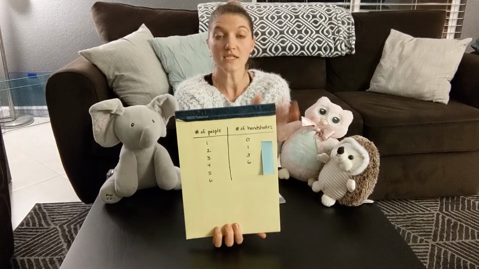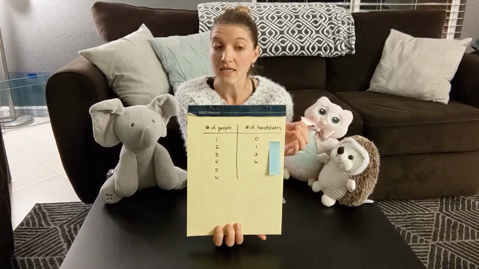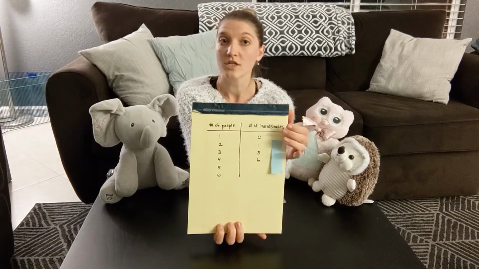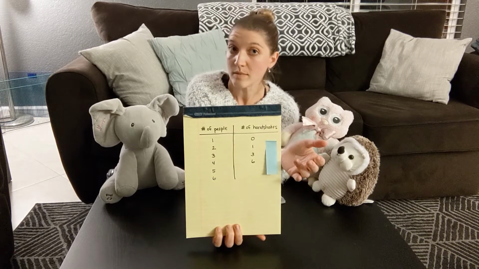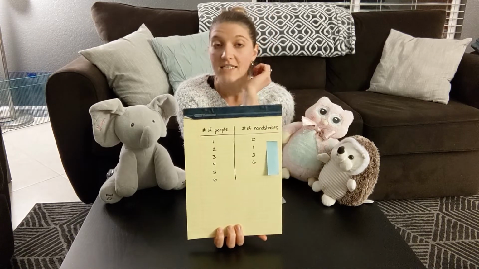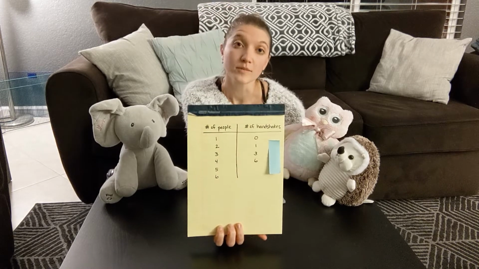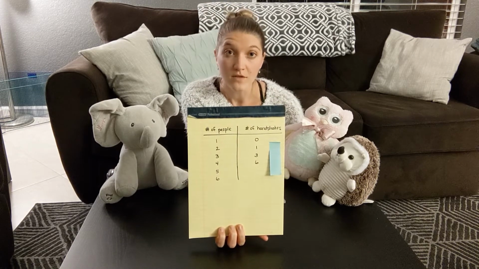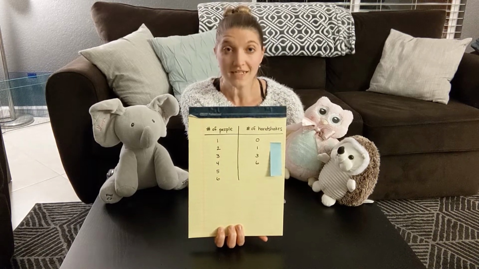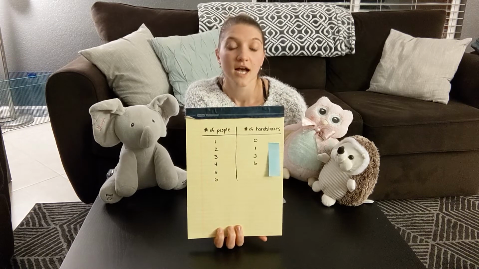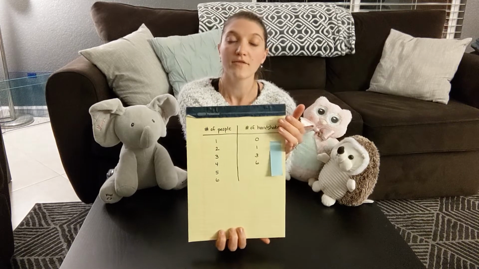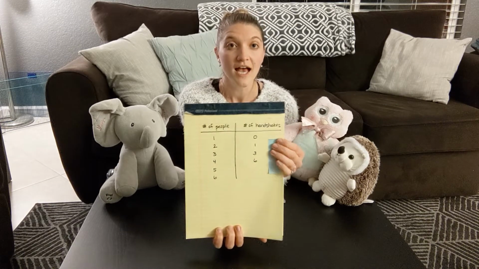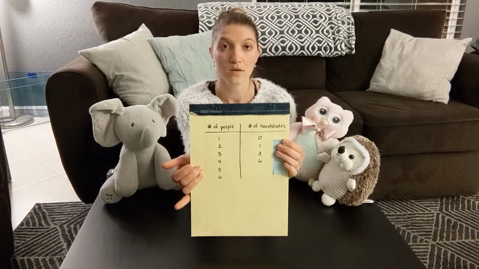So this is a great way to start at the beginning and see how many handshakes would occur if there was one person in the room, 2 people, 3 people, right? And from here, from the chart, it's a great way to look at patterns. Now challenge your child to look at how the pattern of the number of handshakes changes as the number of people grows.